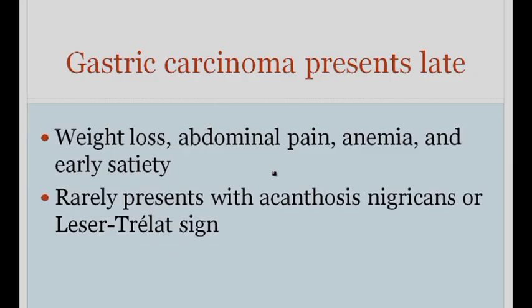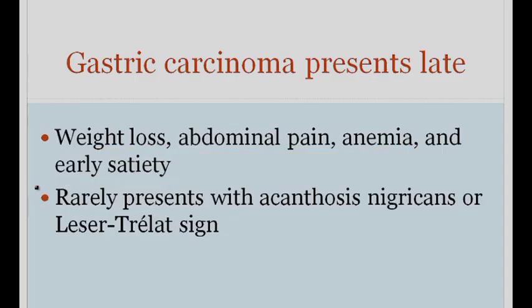The classic signs are weight loss, abdominal pain, anemia, and early satiety. Early satiety would be classic in the diffuse type because you've got thickening and fibrosis of the wall, so the stomach can't expand, and the patients feel full with a little bit of food.